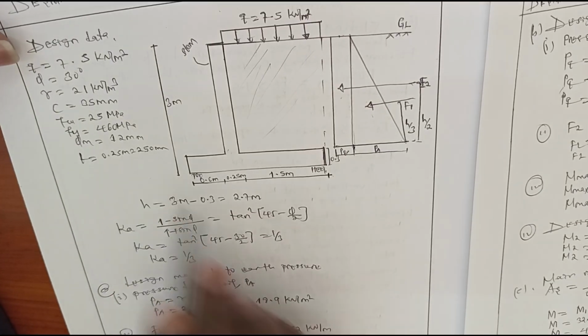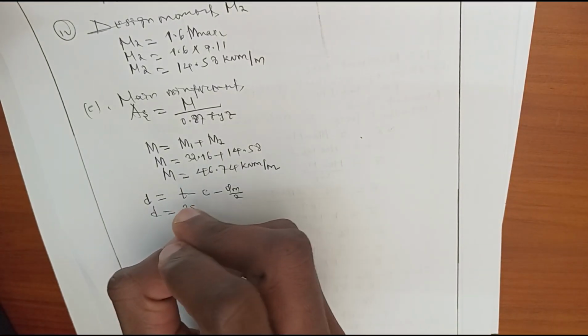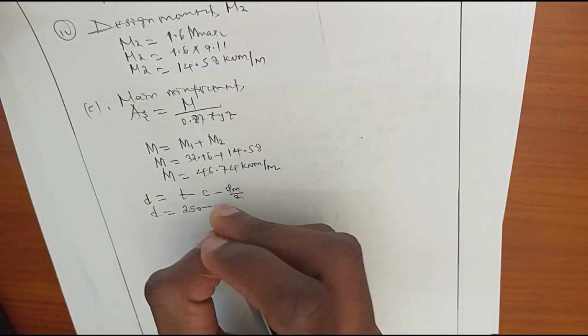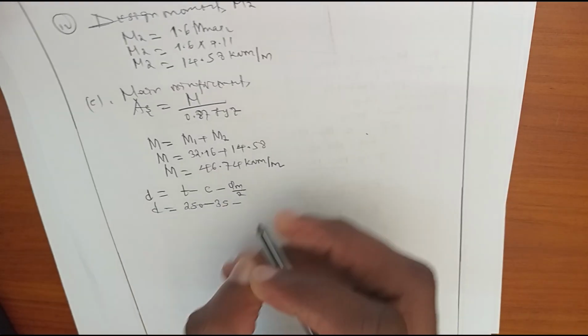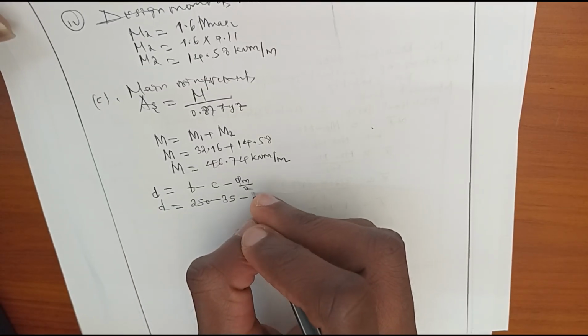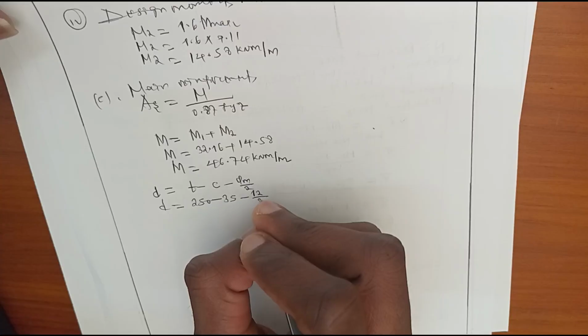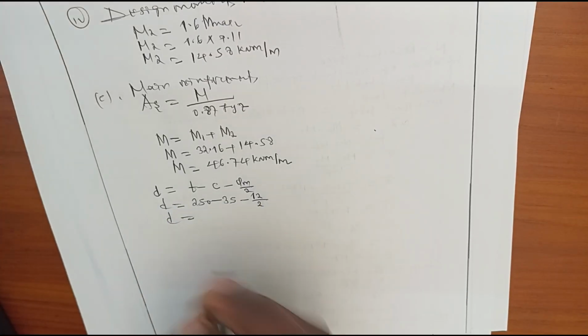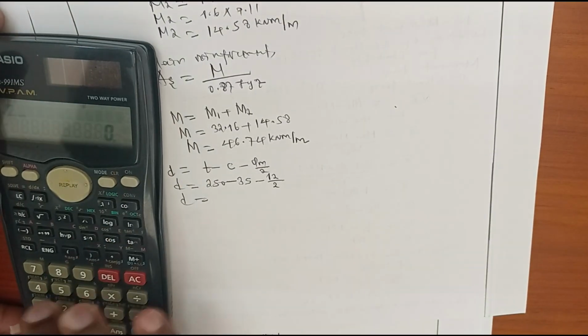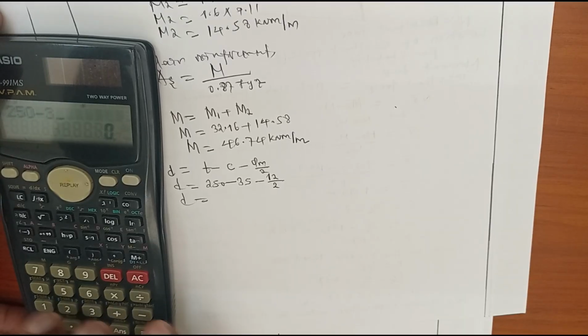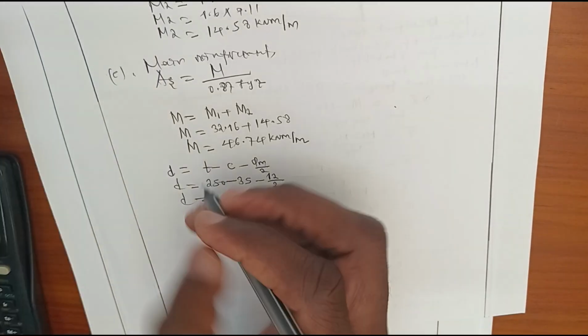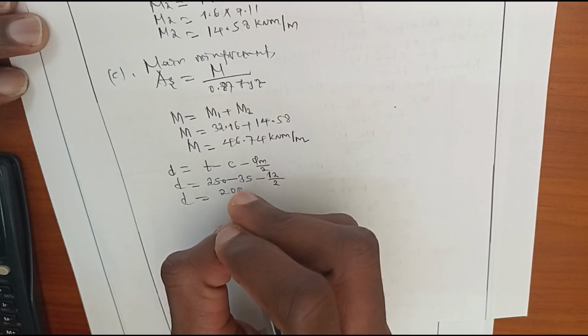In millimeters, it will be equal to 250 millimeter. 250 millimeter minus cover, which is 35, minus diameter of reinforcement, which was 12 millimeter, so we divide by 2. It will be equal to 250 minus 35 minus 6. It will be equal to 209 millimeters.